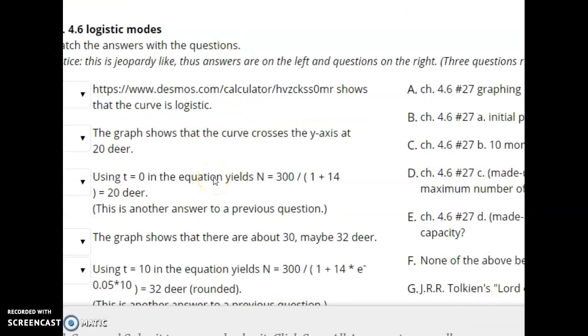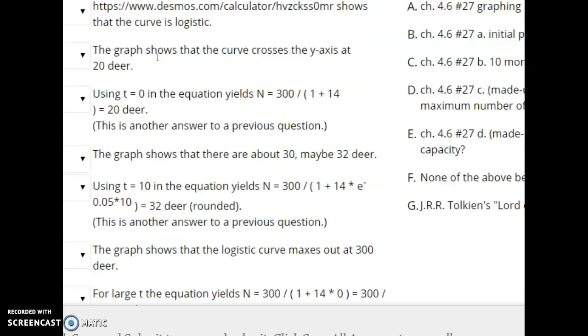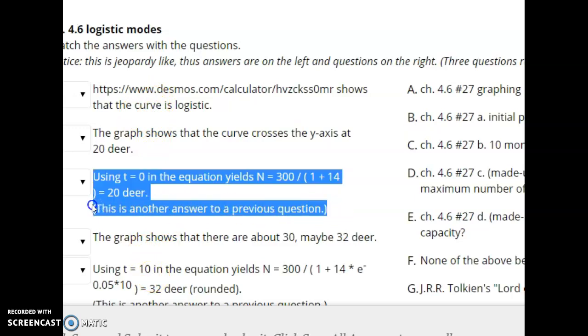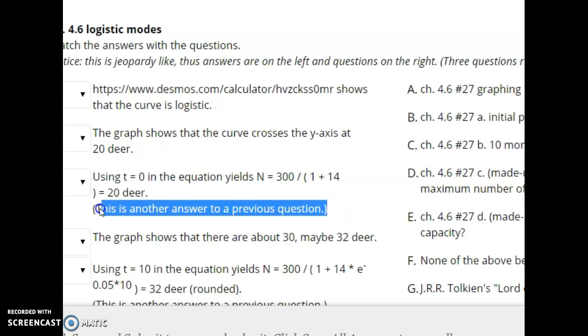All right, and this one here. And this is the last one on the homework. So here, this is from chapter 4.6, logistic models, and they still have exponentials and logarithms in here. But in this case, by the way, it is in the correct order. All right, so kind of. Notice that actually this one here uses another answer to a previous question.